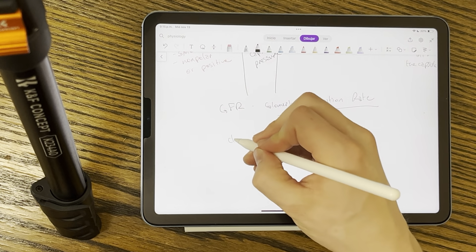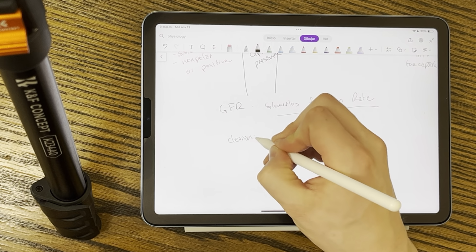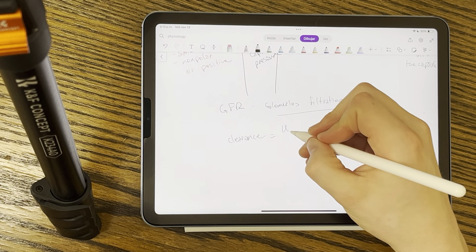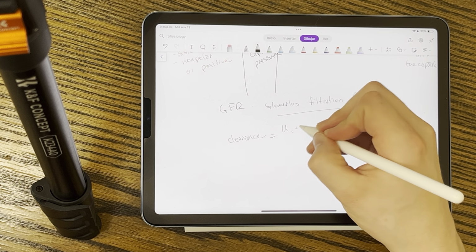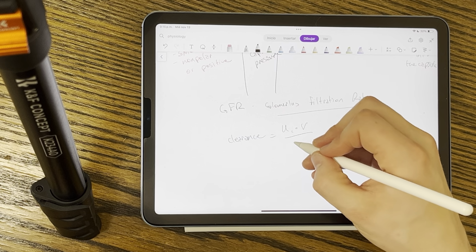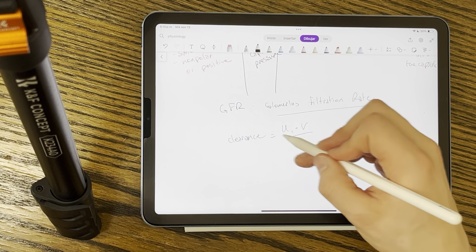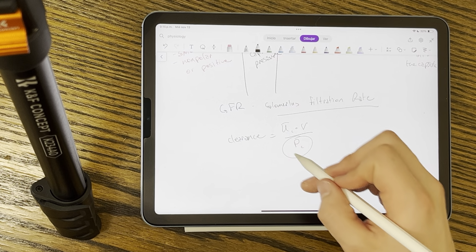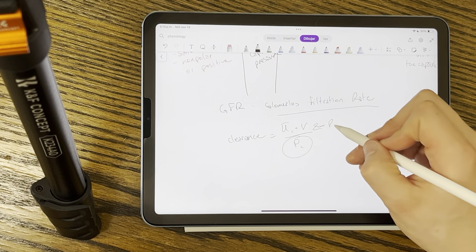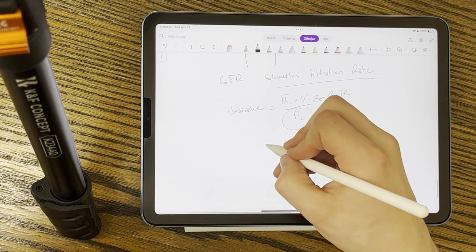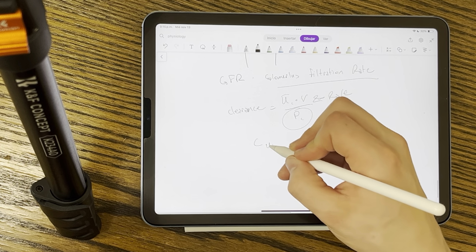So we use something called clearance to help us. We say UC times V over PC. So this is concentration of the substance in the urine, concentration of it in the plasma, and then here the V represents rate. So we use something called clearance of inulin.